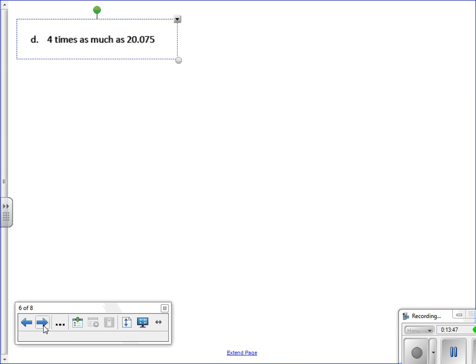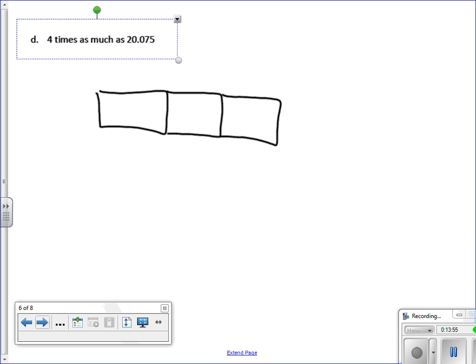Letter D, 4 times as much. 1, 2, 3, 4, 5 boxes. We're making 4 times, so 4 goes out in front.